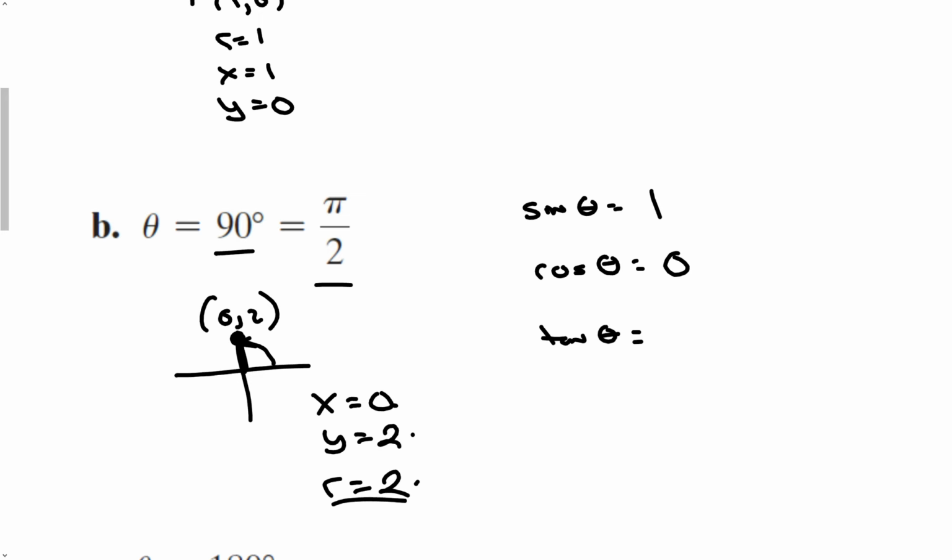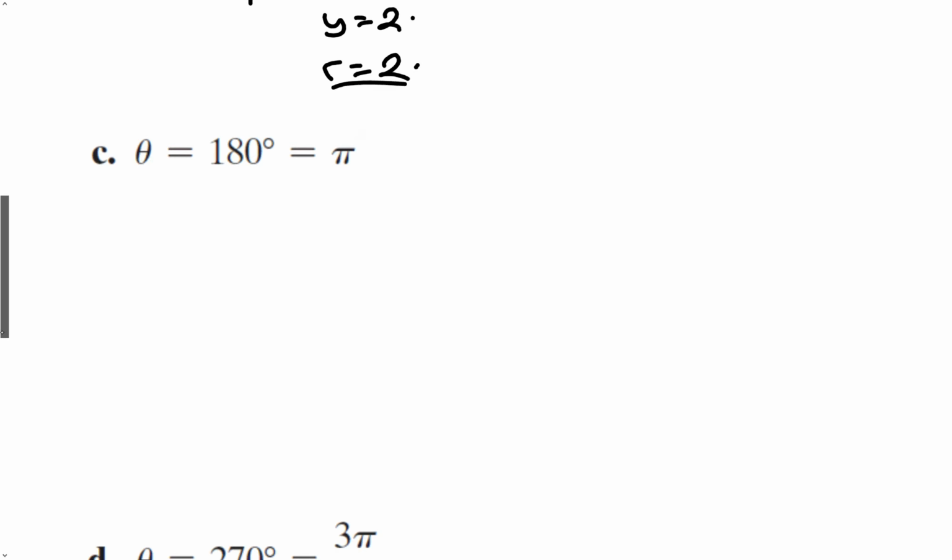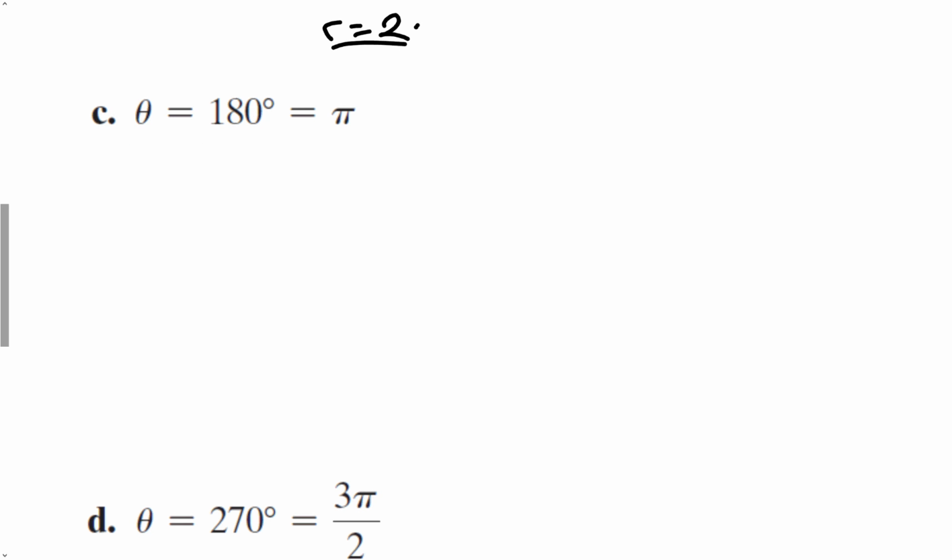Here's a weird one, though. Tangent is y over x. So that's 2 over 0, which is undefined. So it is possible for the tangent to be undefined at different spots. Sine and cosine are never undefined. You always have an x and a y coordinate, but you don't always have a ratio.